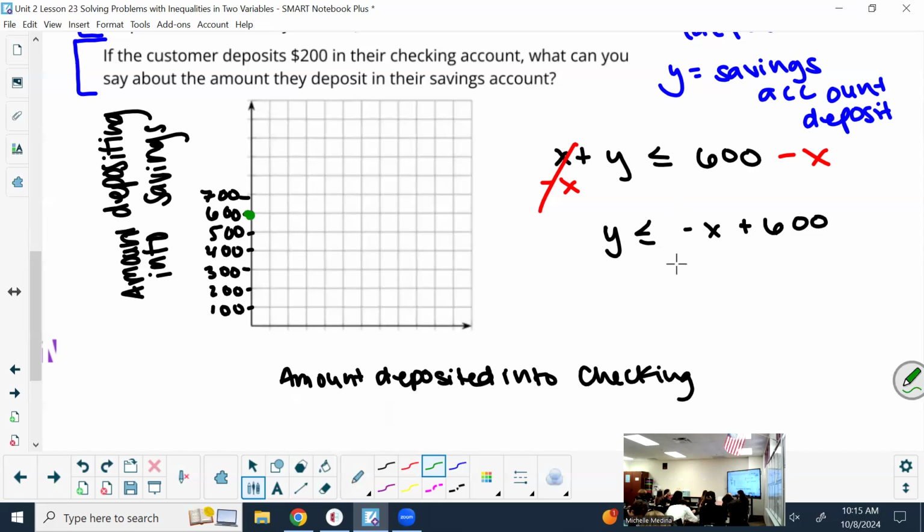If I want to use my slope, table 3, can you tell me what the slope is? We have that the y-intercept is 600. What is my slope? Table 3, can you tell me what the slope is always in front of?